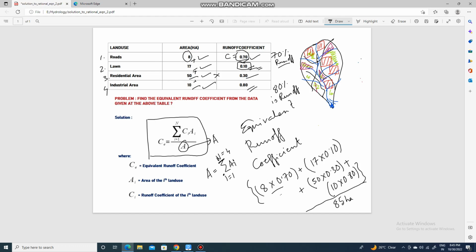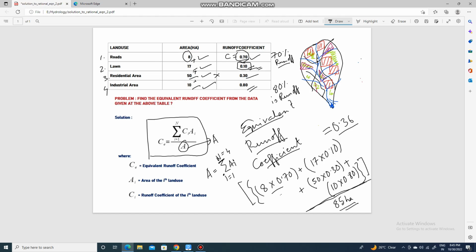So the result will be 0.36. That means 0.36 is the equivalent runoff coefficient, which was found by multiplying the area of different land uses with their corresponding runoff coefficients, adding the products in the numerator, and dividing the numerator by the total area. In this case it is 85 hectares.